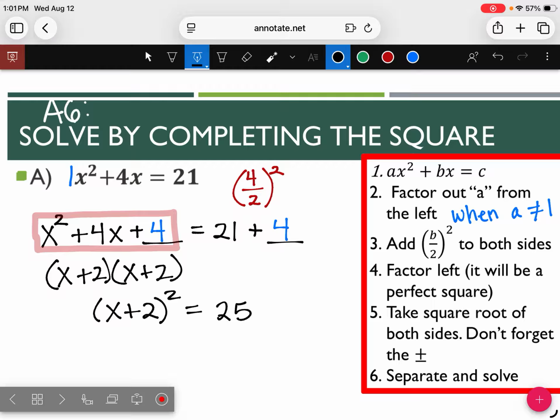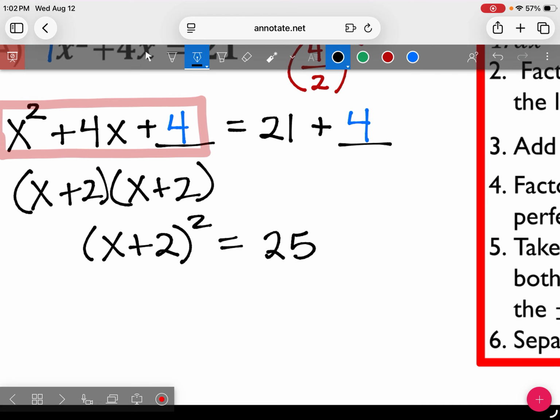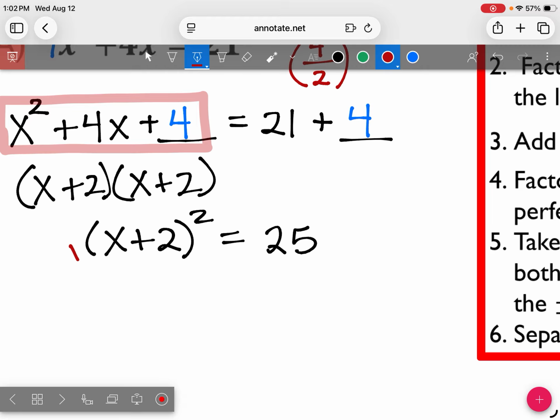Almost done. Step 5, take the square root of both sides. So I'm taking the square root over here and of 25.